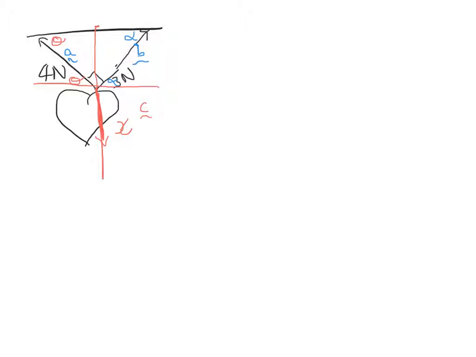Okay, so I'm going to find alpha first. Alpha is just the inverse tan, working with your right angle triangle. Inverse tan, opposite over adjacent, so it's 4 over 3, and you'll get alpha to be 53.13.